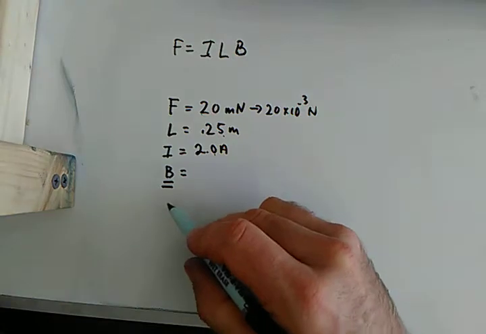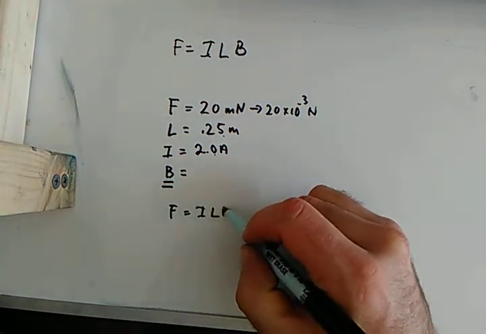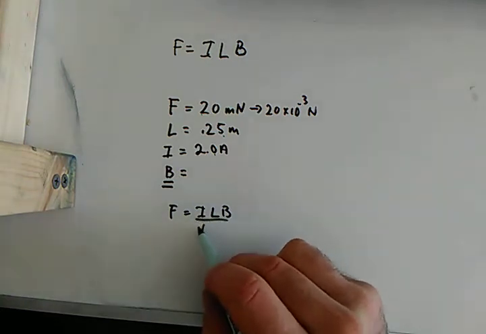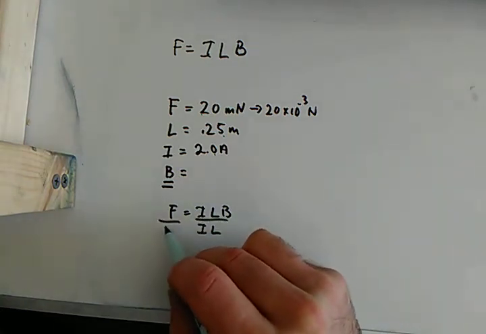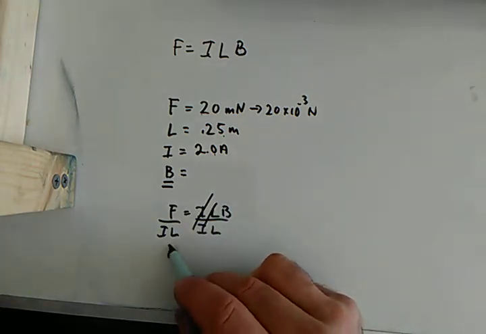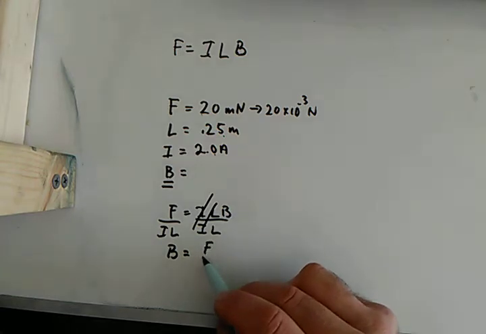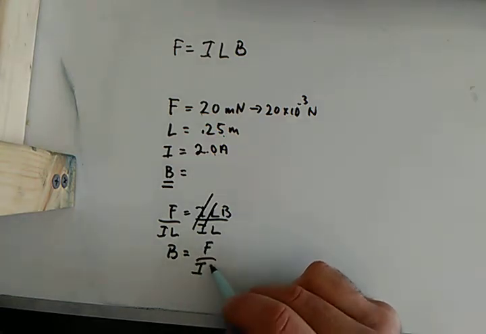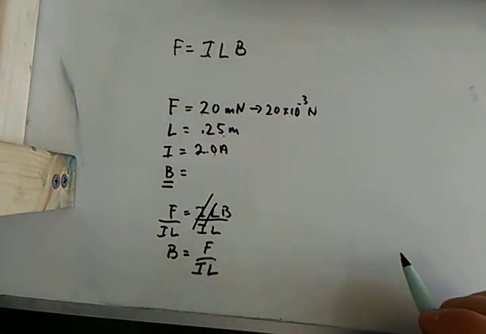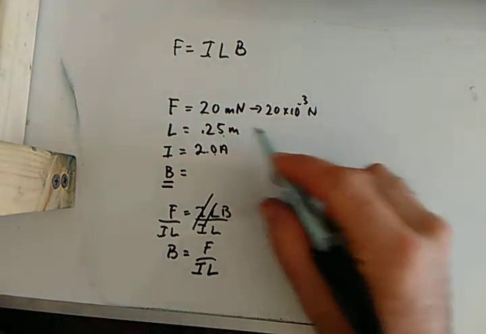We just have to do a little rearranging here. F = ILB. So B, the magnetic field, ends up being F over IL. We can calculate that if we transfer that over to the problem.